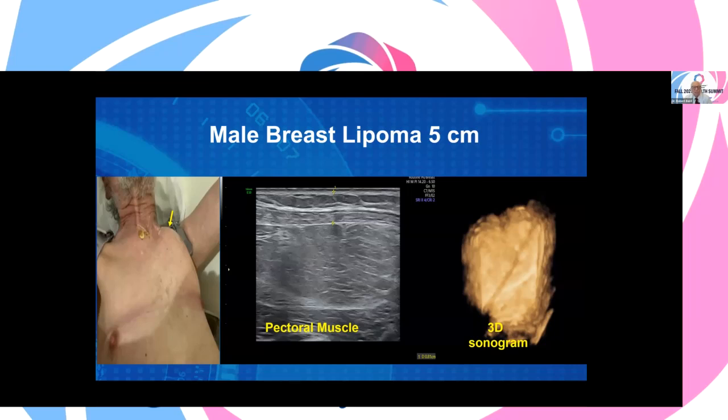We see it's benign because the white lines on the top show the epidermis, and then below that is the dermis, and then we have the muscle below that. And just above the pectoral muscle sign, we have something showing the boundary of the fascia of the chest wall. So this is subcutaneous and not invading the chest wall, which is a good way to see it's more likely benign or not invasive. And then we have a beautiful 3D sonogram.